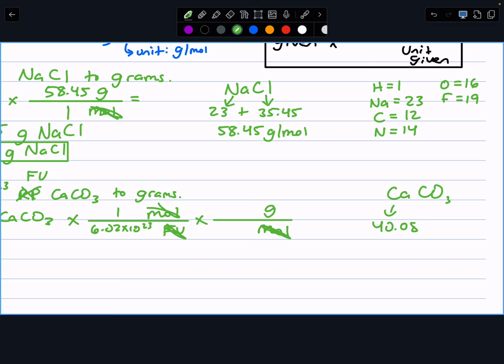So the calcium is 40.08. Okay, and then carbon is 12, right? And oxygen is 16, but there's 3 of them. So 16 times 3 is 48. Add them all up together, what do you get?